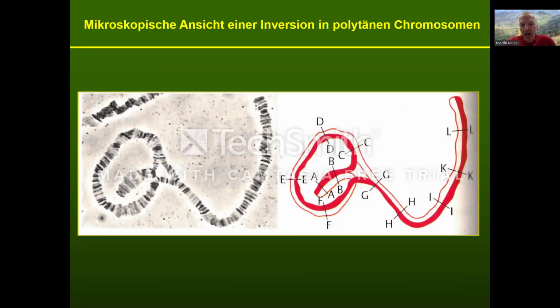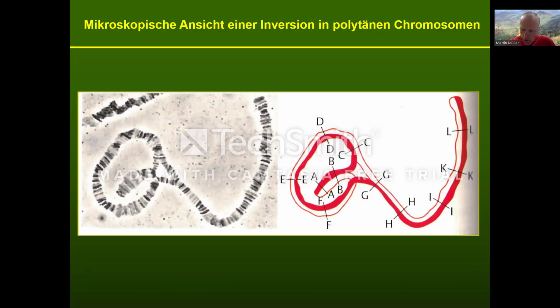The recombination frequency was more or less zero, it didn't recombine anymore, and people found that these inversions were hindering recombination or were leading to unviable recombination products. And this is a very important feature of balancer chromosomes. They seem to suppress meiotic recombination.